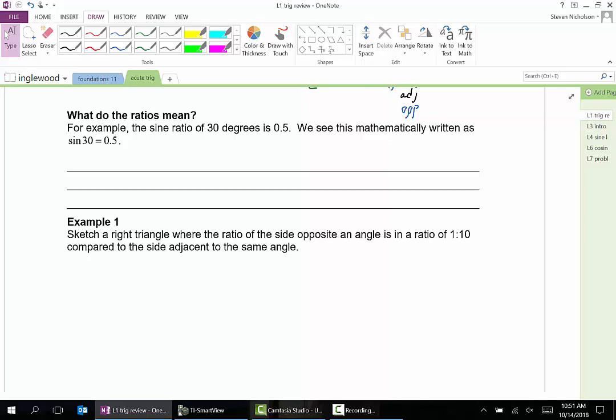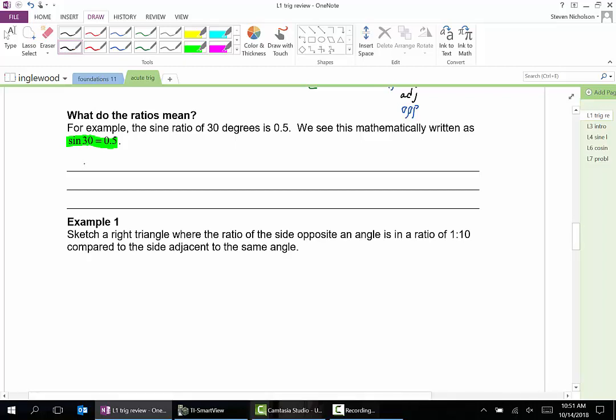So for example, if we have a sine ratio at 30 degrees is 0.5, which it is, we would mathematically write it as that. The sine of 30 degrees is 0.5. Now, again, that might be a number your calculator gives you, but here's what is really important to understand.